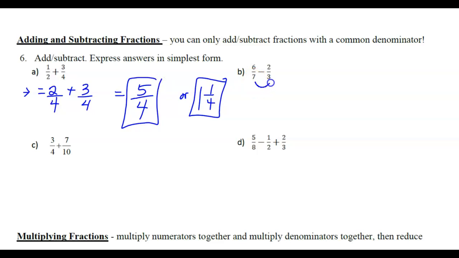Okay, so 7 and 3. So 3 doesn't go into 7, so we have to find our lowest common denominator. And because it doesn't go in, it's just going to be the product of those two numbers, 21. So now I have to find the equivalent fraction with a denominator of 21. Okay, so multiply top and bottom here by 3.